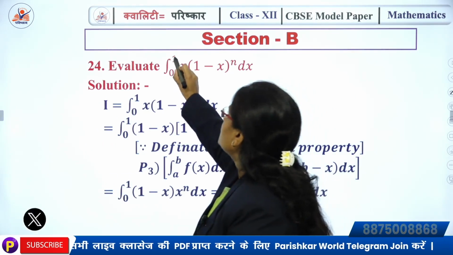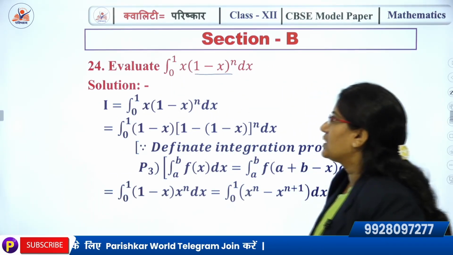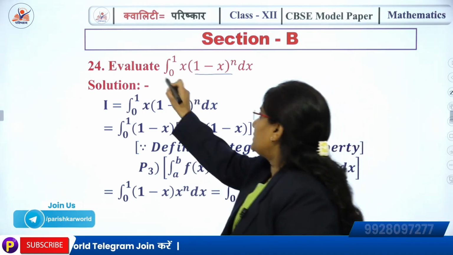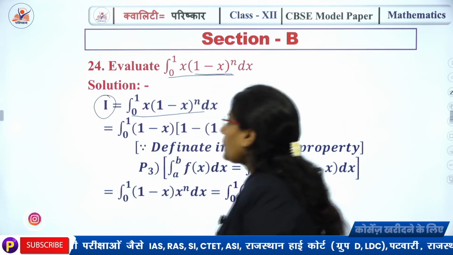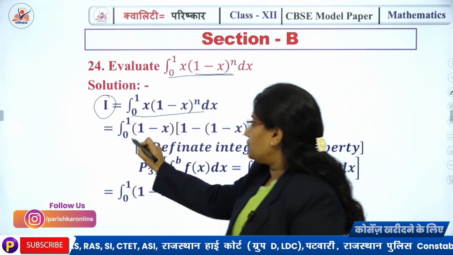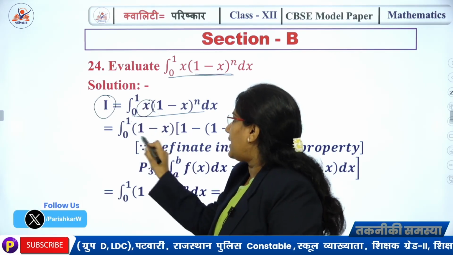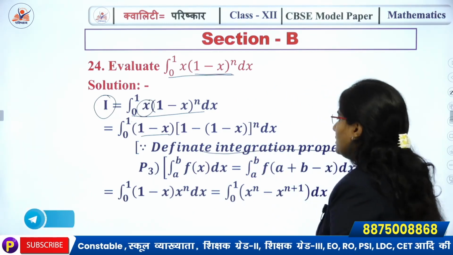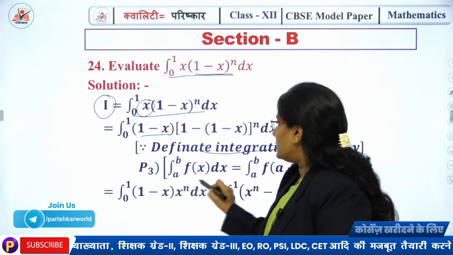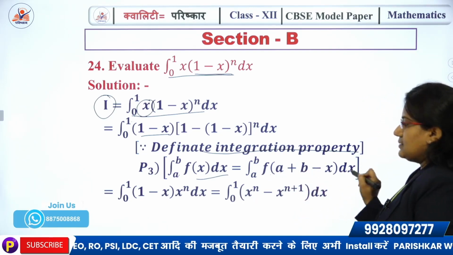Evaluate the integration from 0 to 1 of x times 1 minus x to the power n. Let I be this integration. Integration 0 to 1 x can be written as 0 plus 1 minus x, because we have a property of definite integration that integral a to b f(x) dx can be written as integral a to b f(a plus b minus x) dx.